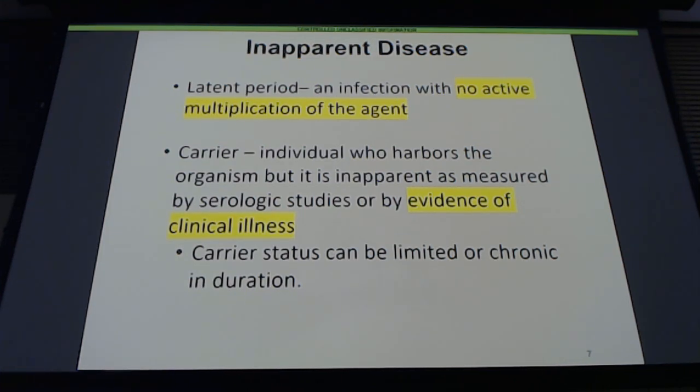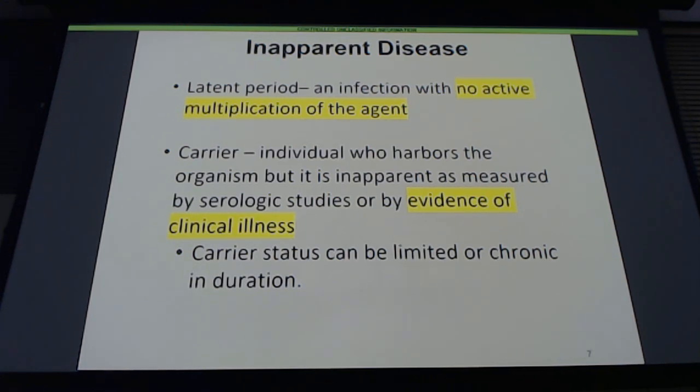Now, there's three different states that we would consider carrier states. We have an asymptomatic carrier state. Right? The individual never shows symptoms of the disease, okay, but can still infect others. You have your incubatory carrier, which transmits the pathogens during the incubation period before the symptoms kick in.